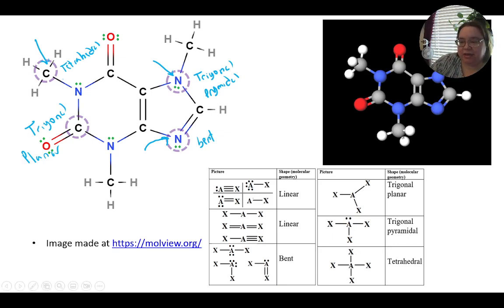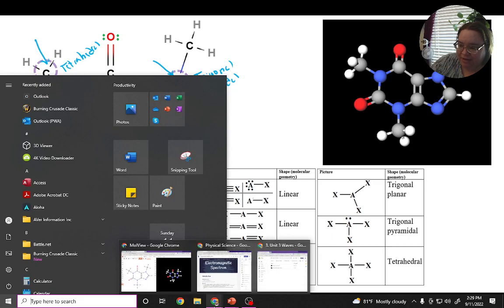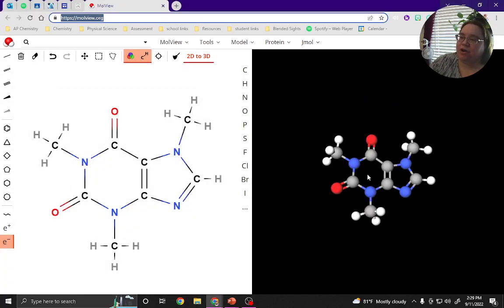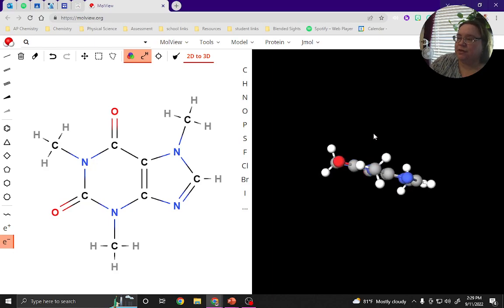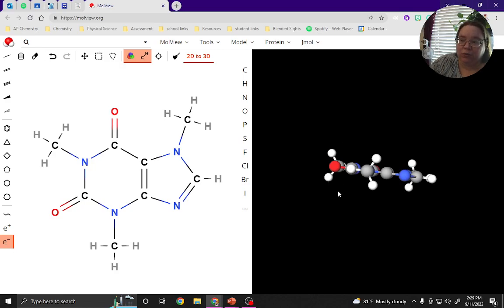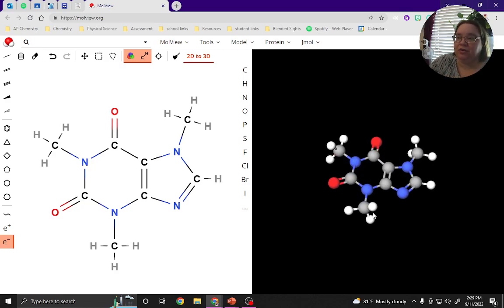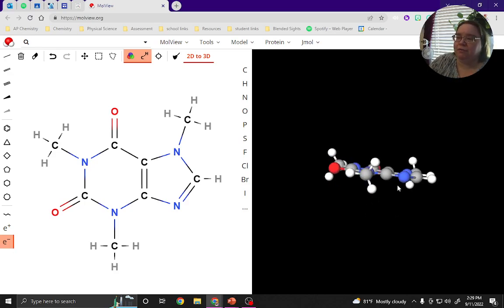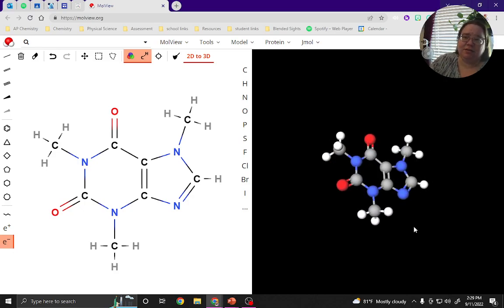And what do I mean by that? Well, if we go to the program that actually made this drawing, I can grab it, and we can see that when I look at it from a slightly different angle, there are things that are poking up above and below the plane where most of the other atoms exist. This is probably not 100% correct because these little gray balls that are attached to the blue would be slightly above or below because of the lone pairs, but it's the program that's the closest to what I have.